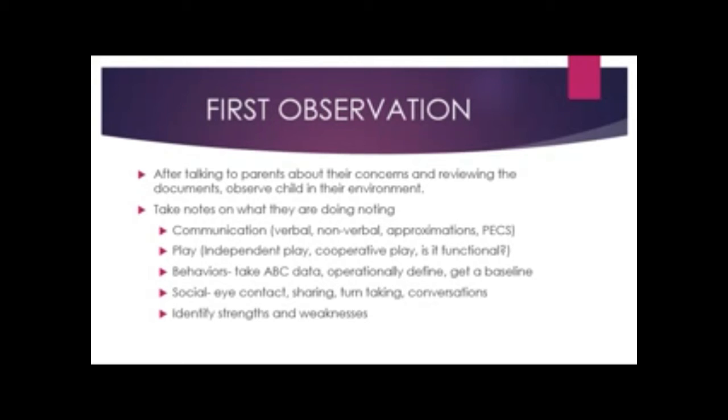So these are all things that you're going to be looking at. You're going to be assessing all of these areas when you're interacting with the child, and you want to note the strengths, the weaknesses. So under learning, what might be a strength? The child's able to sustain attention for 15 minutes. That's going to make his learning a lot easier than if he's only able to sustain attention for 30 seconds.